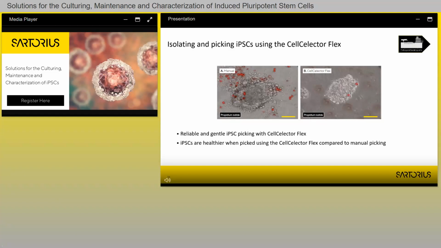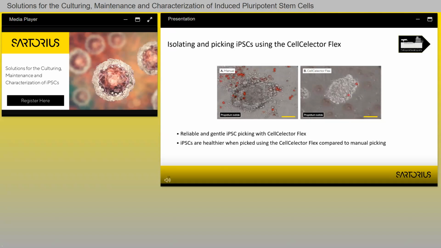These images here in the middle are of 2 different iPSC colonies. The one on the left has been picked manually, and the one on the right has been picked using the cell selector flex. And they've been stained for propidium iodide just to look at cell death in these specific colonies.